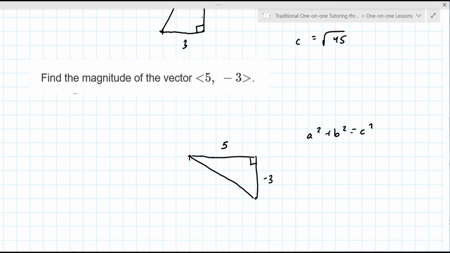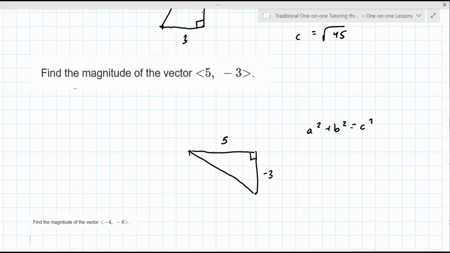So go ahead and determine this to 1 decimal place, please. 5.8. Perfect.